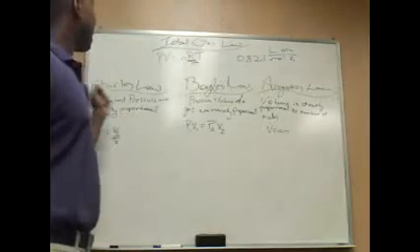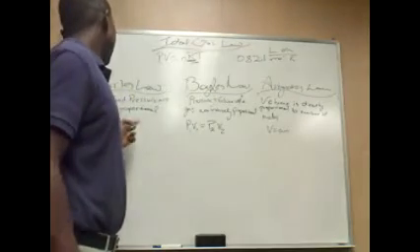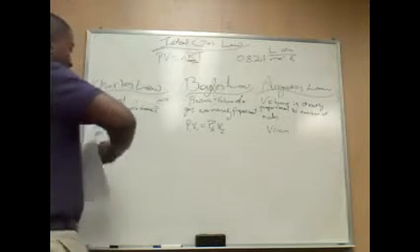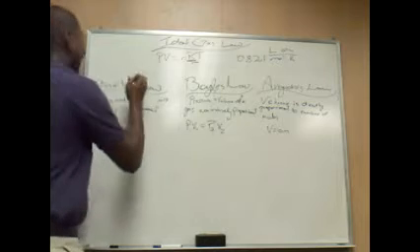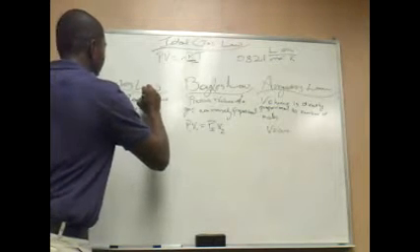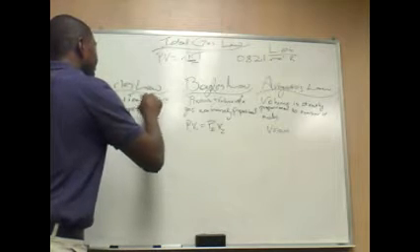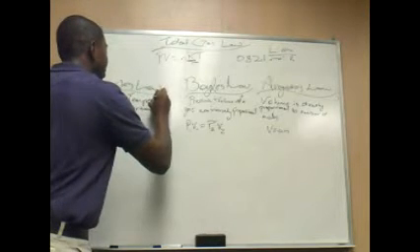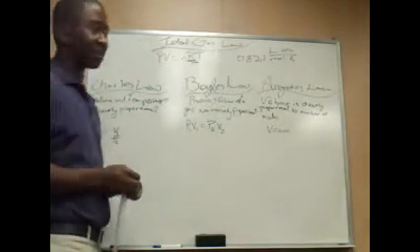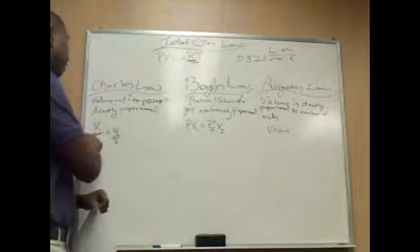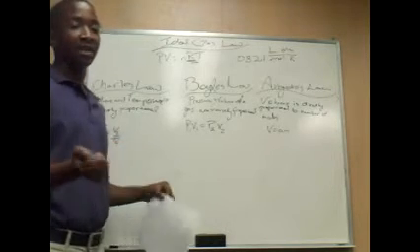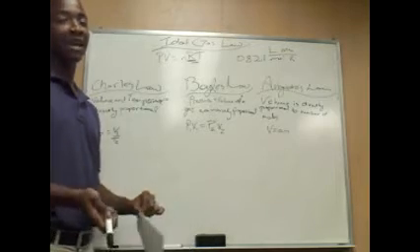So Charles found out that volume and temperature are directly proportional. This ends up being an equation that says V1 divided by T1 equals V2 divided by T2. And the ones denote before a reaction occurs and after a reaction occurs, of course.